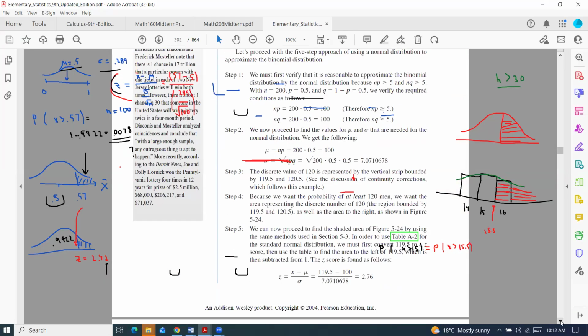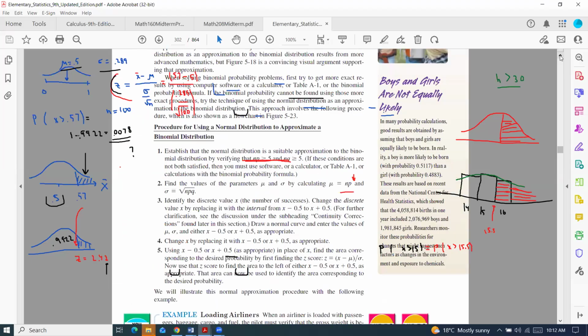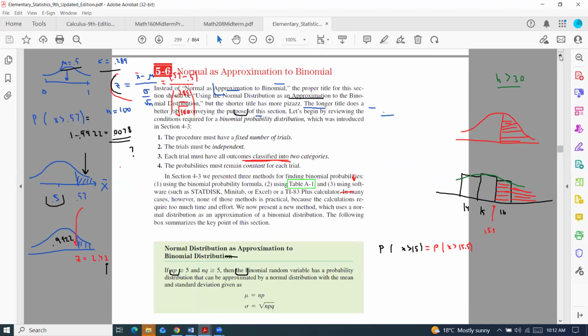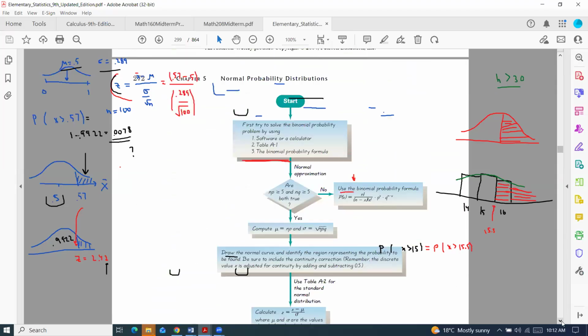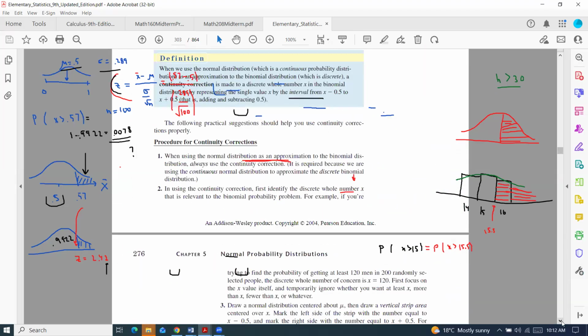So that's why this so-called continuity correction is used to help me convert my binomial distribution to the normal distribution. And where's the definition of continuity correction? I'm just browsing through trying to find it. And here it is, continuity correction. So maybe I can clear the mess real quick.